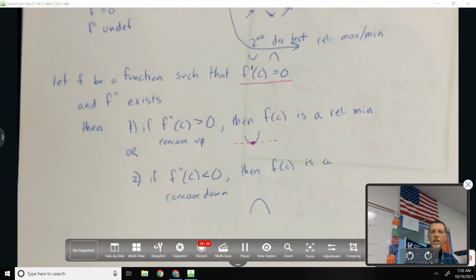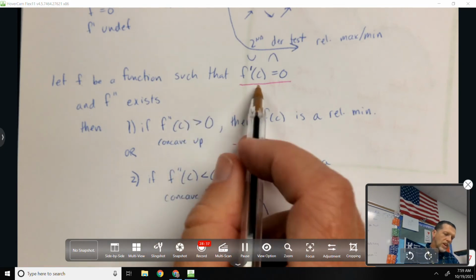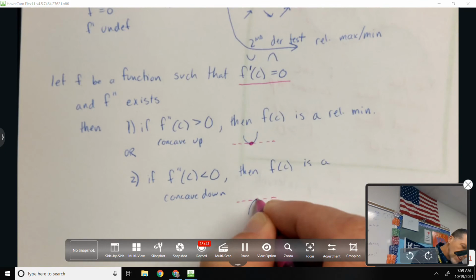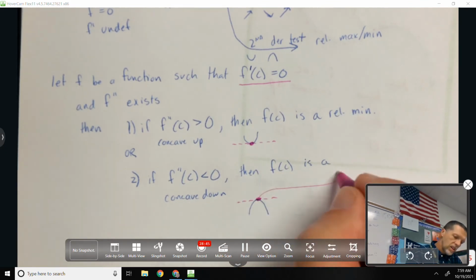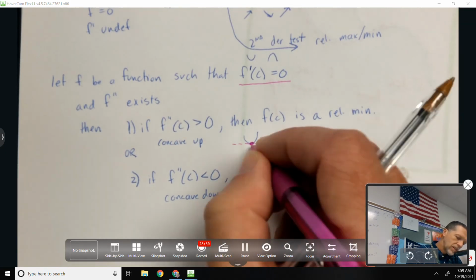So there's concave down. But part of the initial statement was f prime is 0, so that's a horizontal tangent line. So that spot is a relative max.